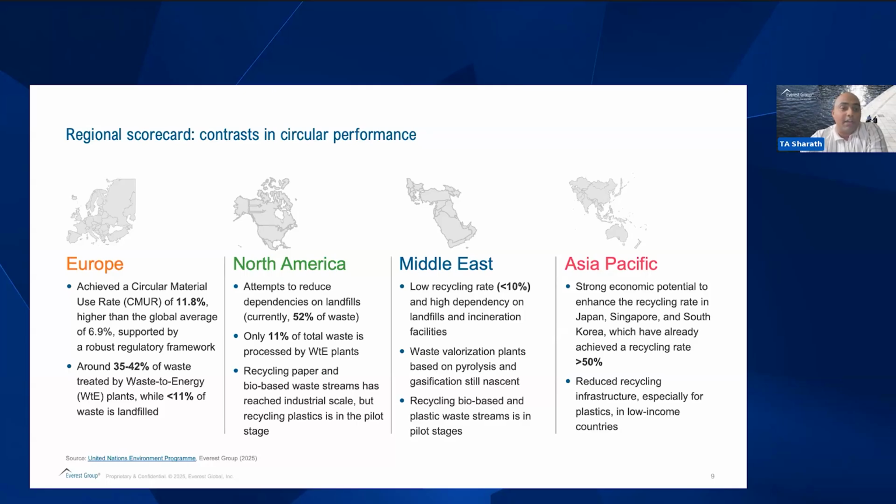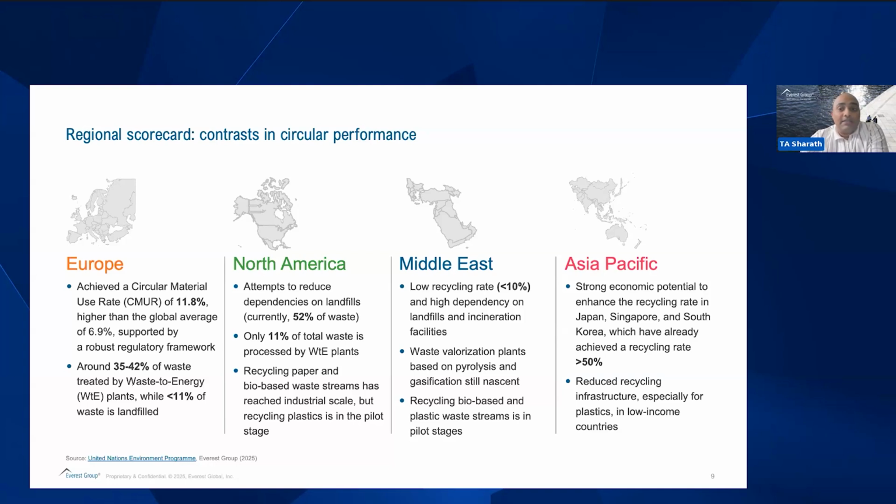Basically, it has a robust regulatory framework to achieve this rate. Furthermore, up to 40% of its collected waste is used as feedstock to waste-to-energy plants, including anaerobic digestion, pyrolysis or gasification, and only 11% is landfilled. So it's a good sign within Europe.